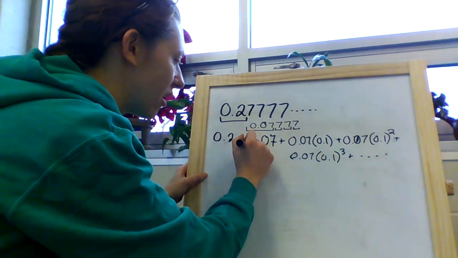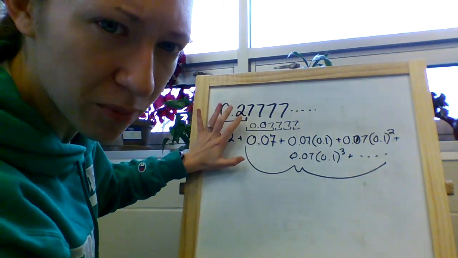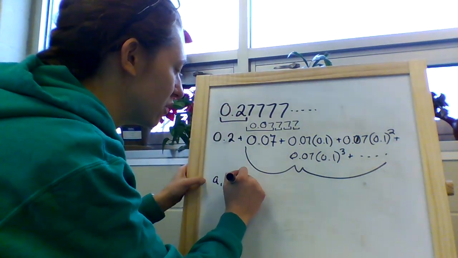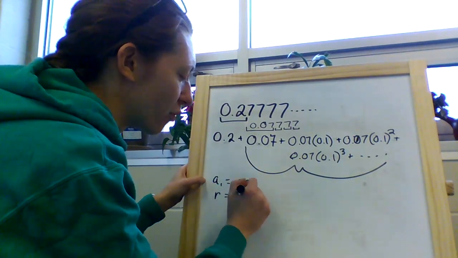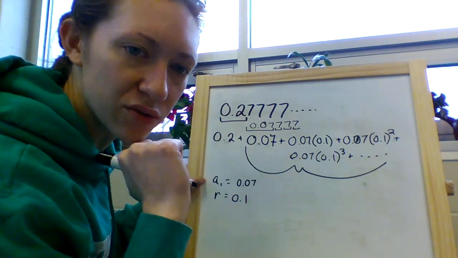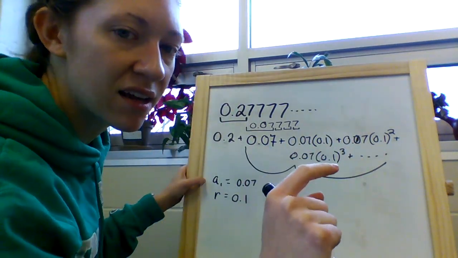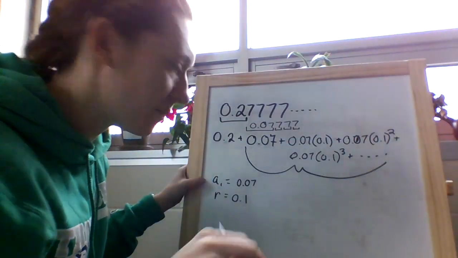So here, we're going to chunk all of that together and just forget about the 0.2 in the first step. So here, my a sub 1 equals 0.07, and my r equals 0.1 since it repeats every single decimal place. If it repeated every 2, like 78, 78, 78, it would be 0.01.